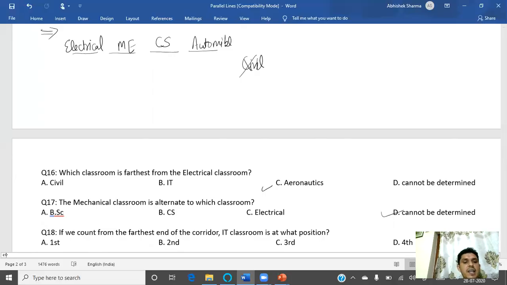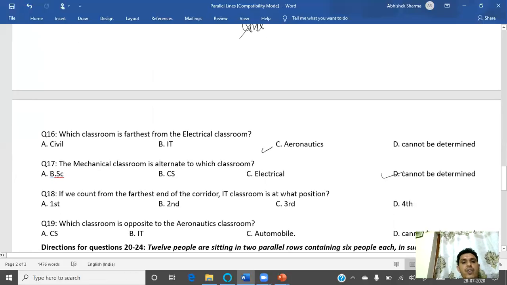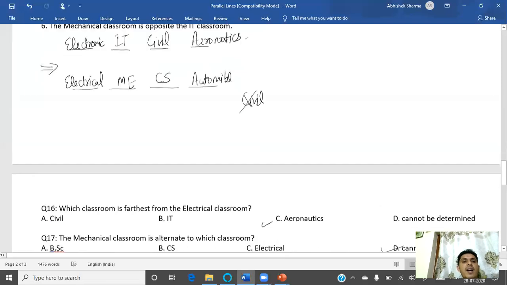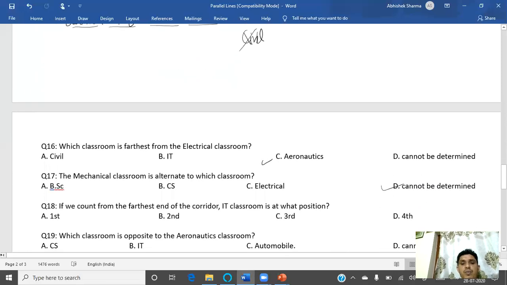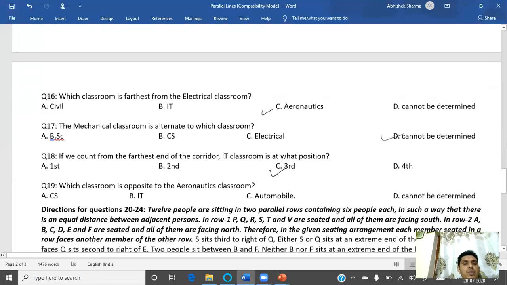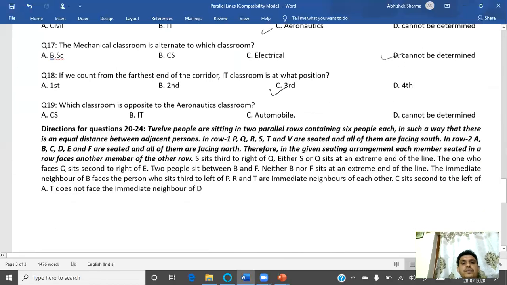Question number 18 is, if we count from the farthest end of the corridor, the IT classroom is at what position? So the IT classroom is in the third position. So our answer will be 3. Right? Likewise, we can go for question number 19 also.